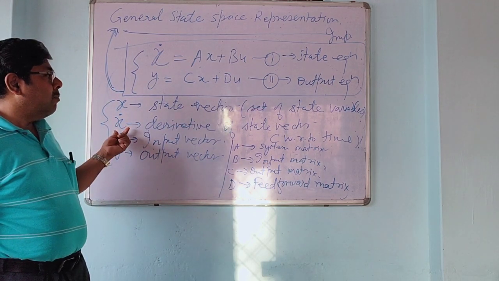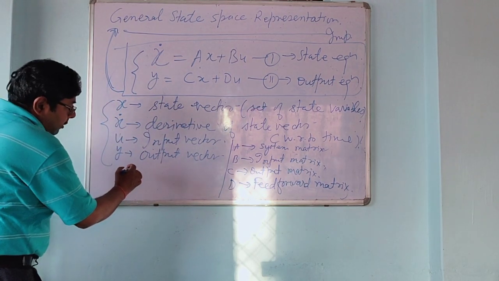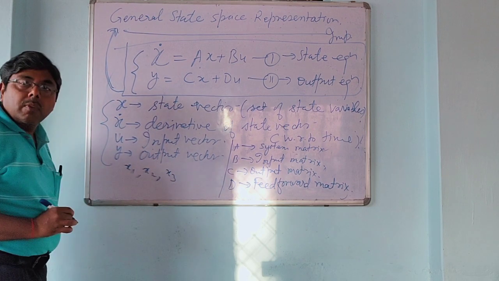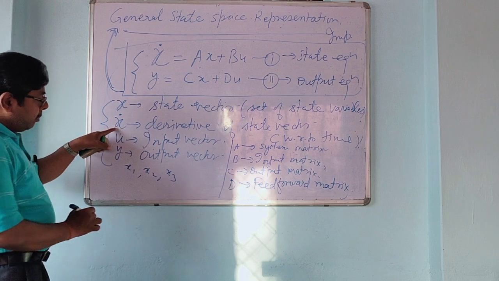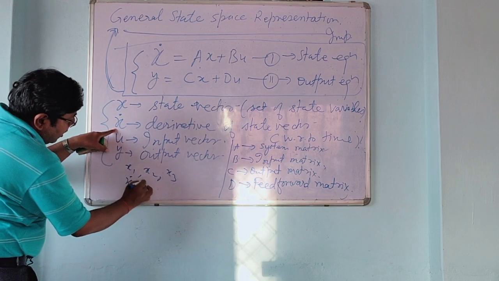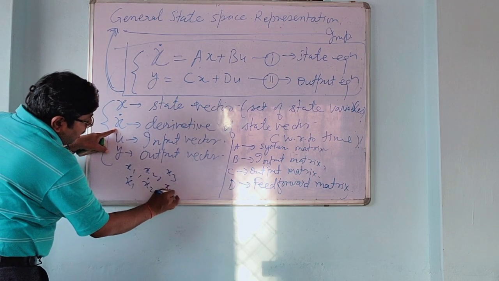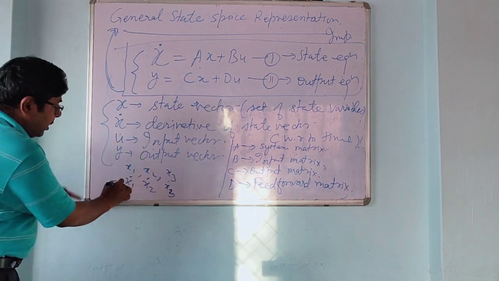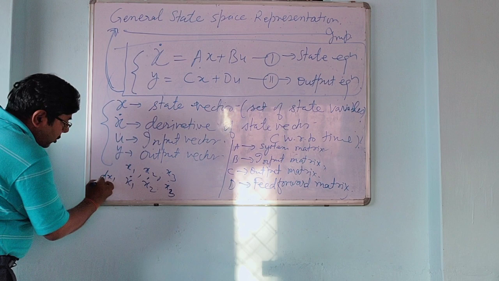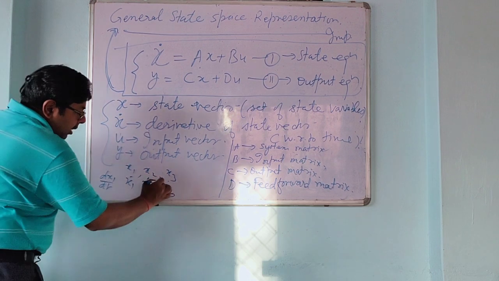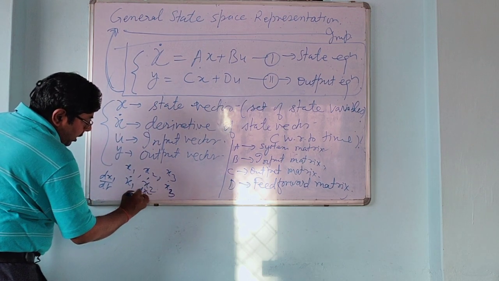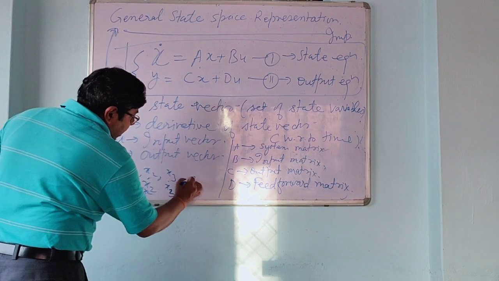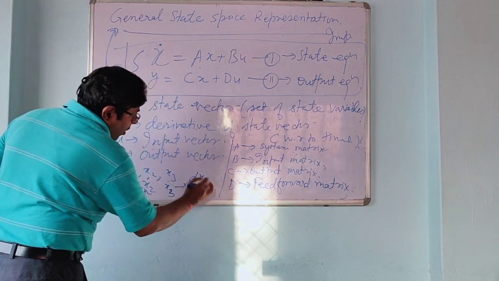This is the derivative. Suppose we are using 3 variables, x1, x2 and x3. Then x dot means we have 3 derivatives also: dx1 by dt, dx2 by dt, and dx3 by dt.